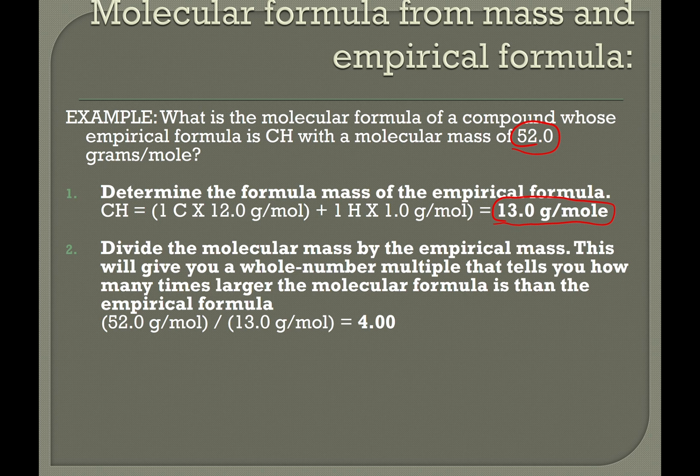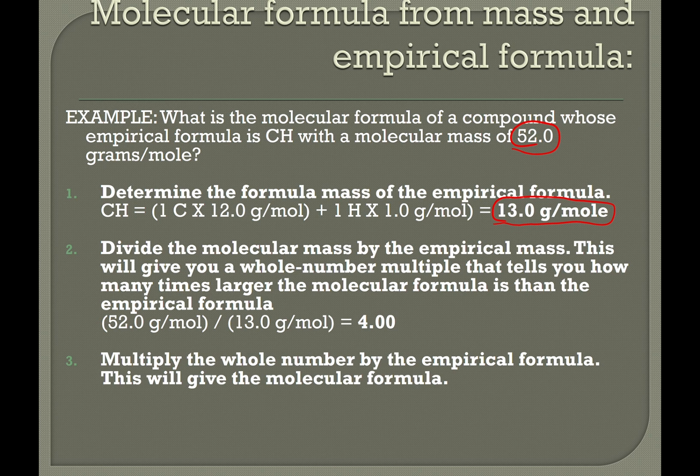In this case, it is 4 times as large. So we'll multiply that 4 across the CH in order to figure out what our formula is. In this case, C4H4. And that would be our molecular formula for that compound.